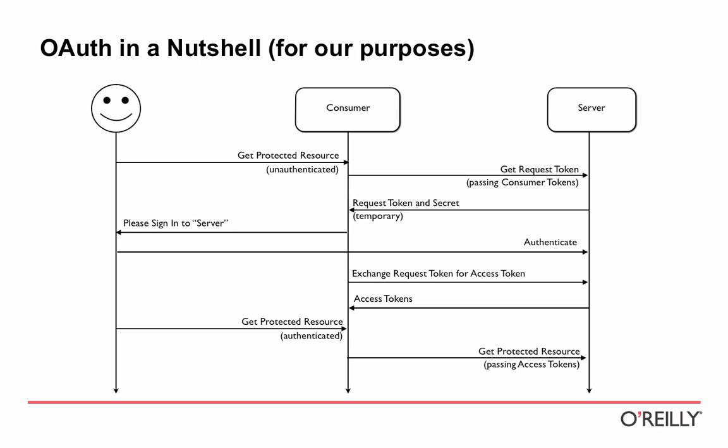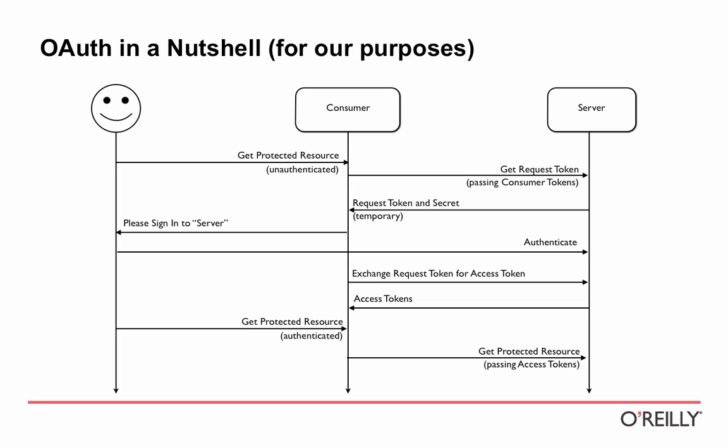And once that piece is done, the consumer will exchange the request token for an access token. And the access token is a more durable set of keys, encrypted bits of information, that it will pass to the server with every request, so the server knows what user the consumer is acting on behalf of.